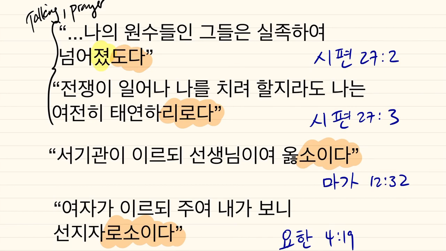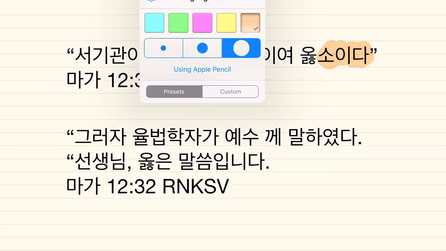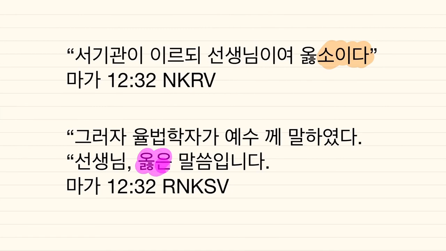So lastly, we'll take a look at the different translations and how they're different. We'll look at the 로소이다, where the person says that Jesus is right, and then we'll see that in the other translation, there is no specific exclamation ending, but rather it uses the formal 씁니다 ending, and is probably inflected.